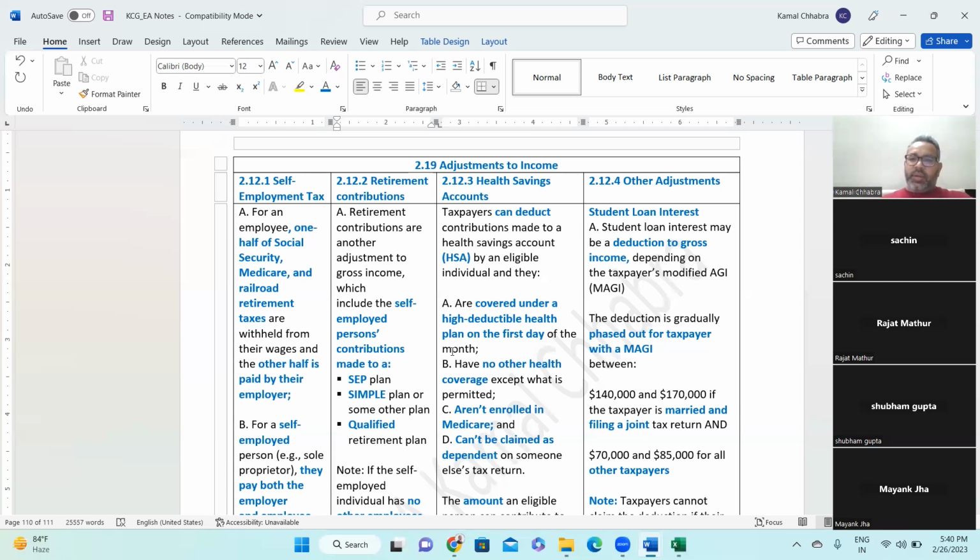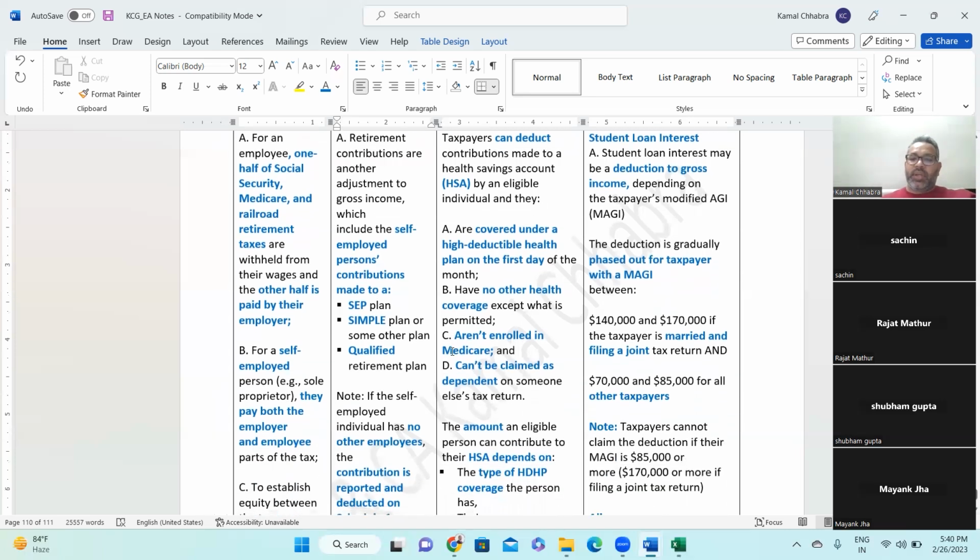Last one, other adjustment, which is student loan interest. A student loan interest may be a deduction to gross income depending on the modified AGI. The deduction is gradually phased out for the taxpayer with modified AGI between 140,000 to 170,000 if the taxpayer is married filing jointly, and if the taxpayer is an individual, then 70,000 to 85,000.